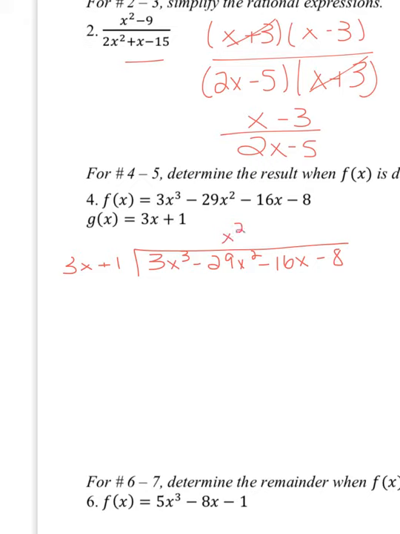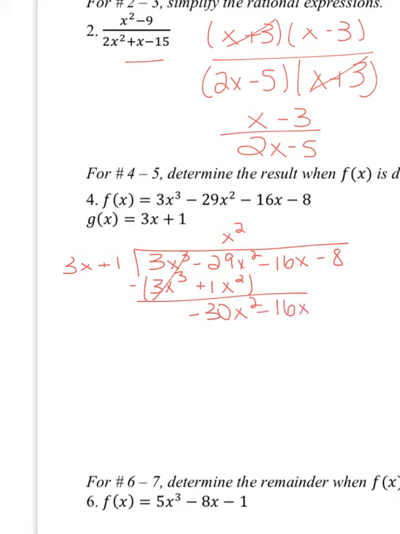I multiply that back out. So this is 3x to the third plus x squared. I put this in parentheses and I subtract. 3 minus 3 cancels. Negative 29 minus 1 is negative 30x squared. And I bring down the negative 16x.